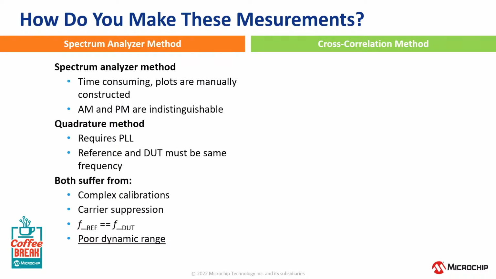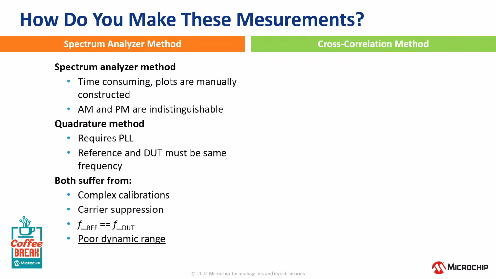It can be time consuming because you'll have to go back and forth by looking at your main carrier frequency and then looking down on the skirt and changing your measurement bandwidth and switching back and forth and making sure the amplitudes haven't changed. And not only that, the amplitude modulation and phase modulation are indistinguishable on a spectrum analyzer.